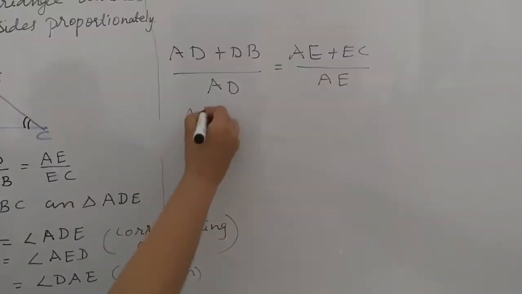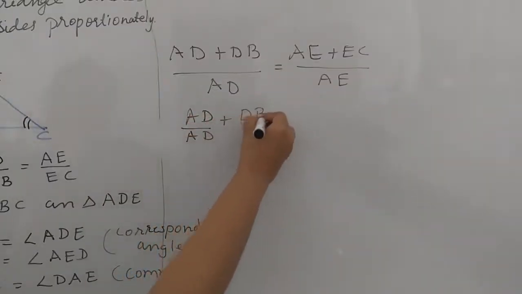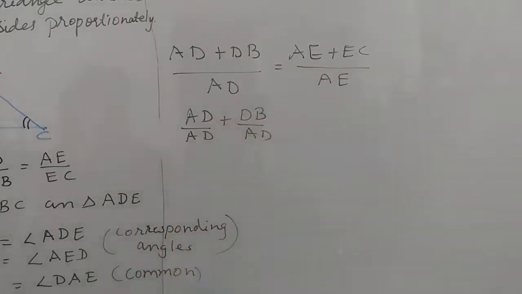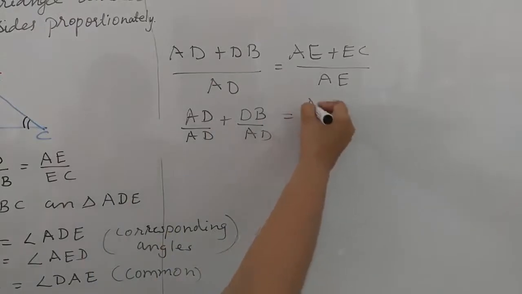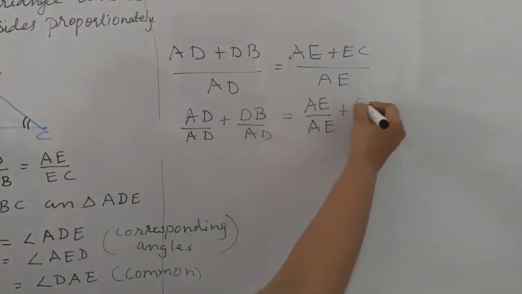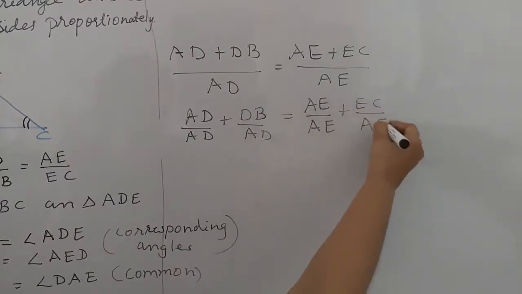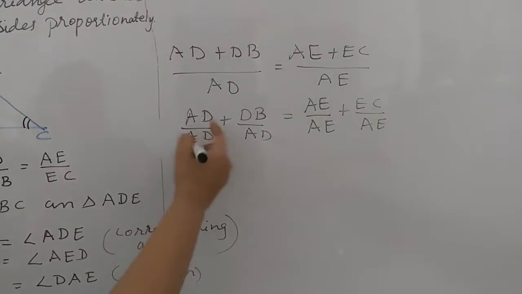Now we take separate ratios. So this is AD upon AD plus DB upon AD. The separate ratios are taken here. You can see both the sides. Here also AE upon AE plus EC upon AE, this way. Then we have this to be cancelled.